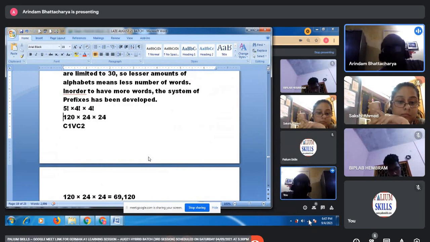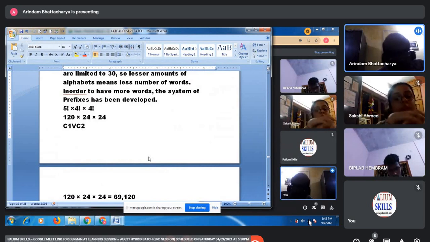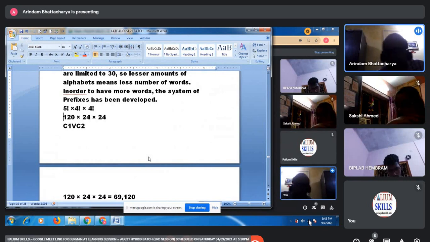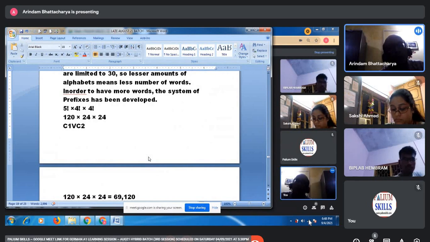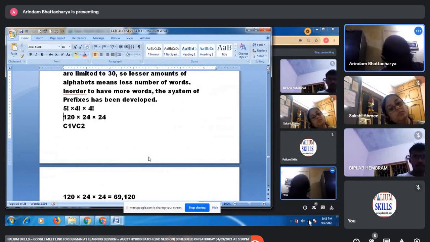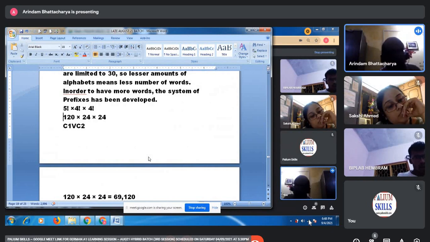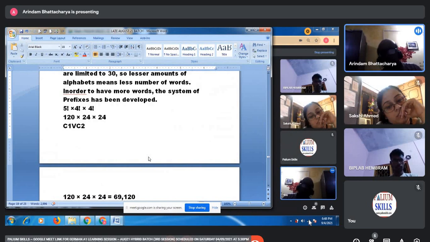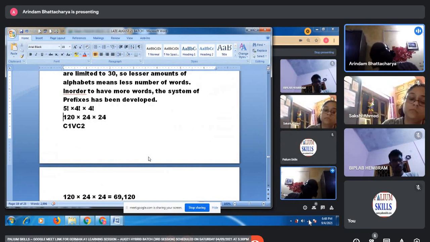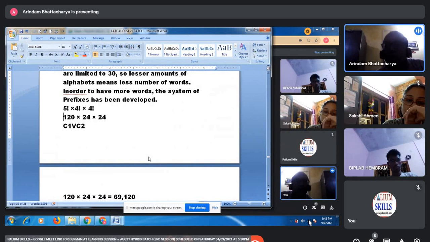Like if Zulu language has 9 letters, and 5 letters are consonants and 4 letters are vowels, then the number of words of the form consonant, vowel, consonant would be 120 into 24 into 24. You find out the amount, and that will be 69,120. So in Zulu language only 69,120 words can be there.